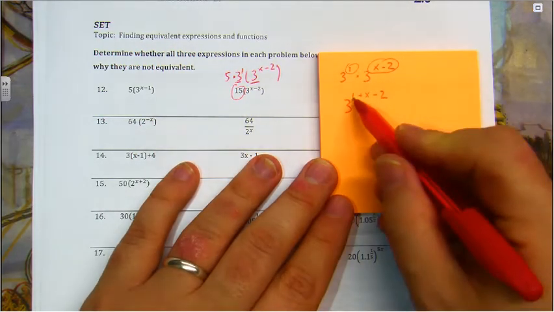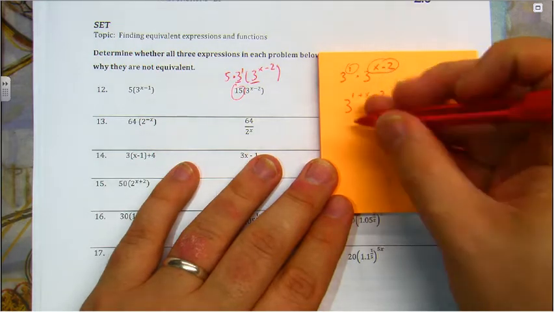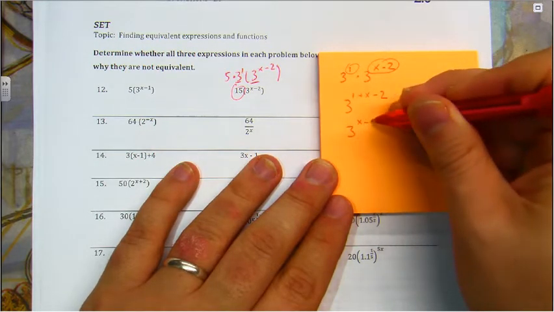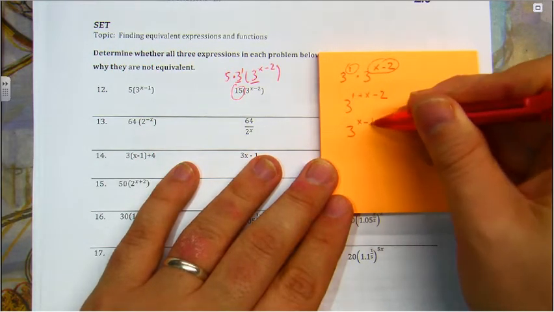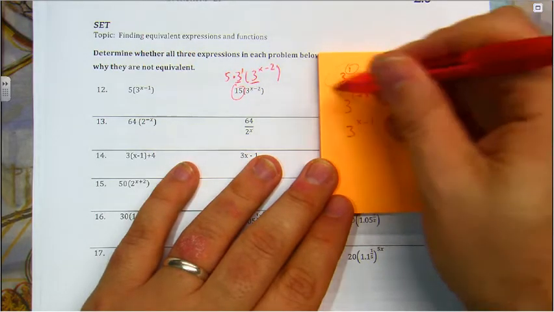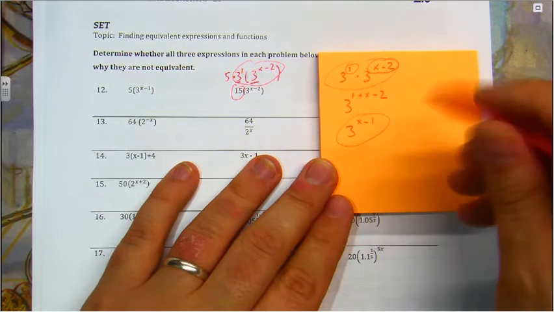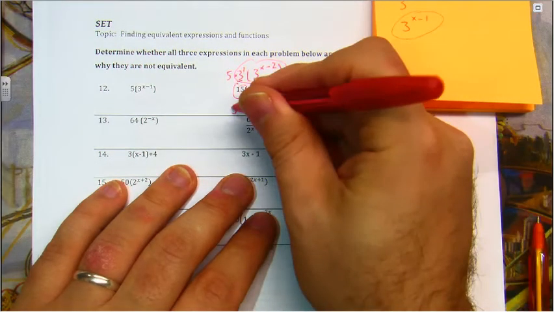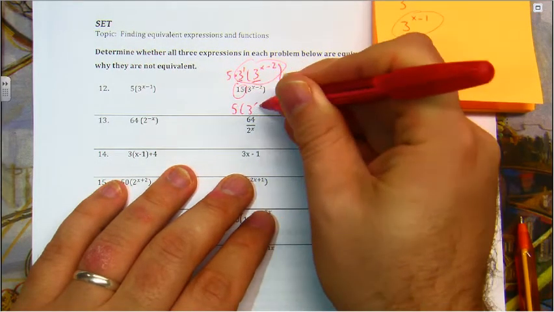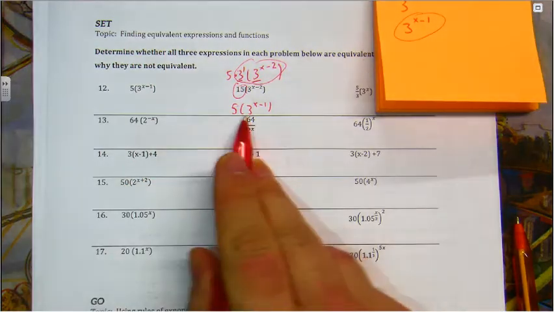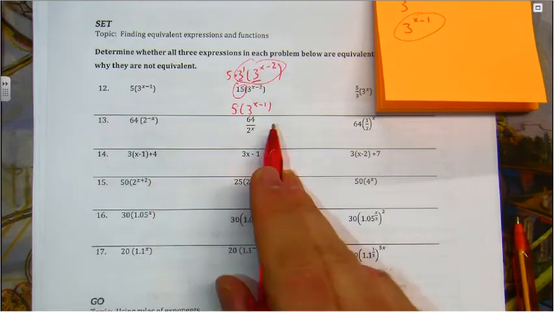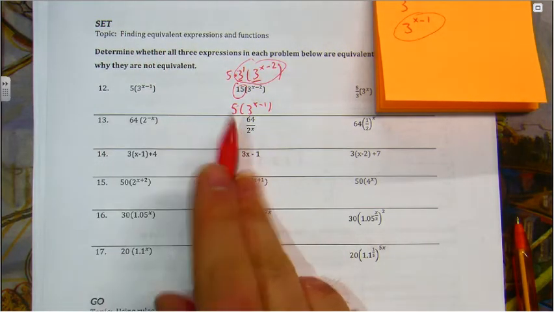And when we simplify 1 plus x minus 2, we get 3 to the x minus 1, because 1 plus a negative 2 is a negative 1. So this becomes 5 times 3 to the x minus 1, which just so happens to be the same as this. Great, so we've justified those two.